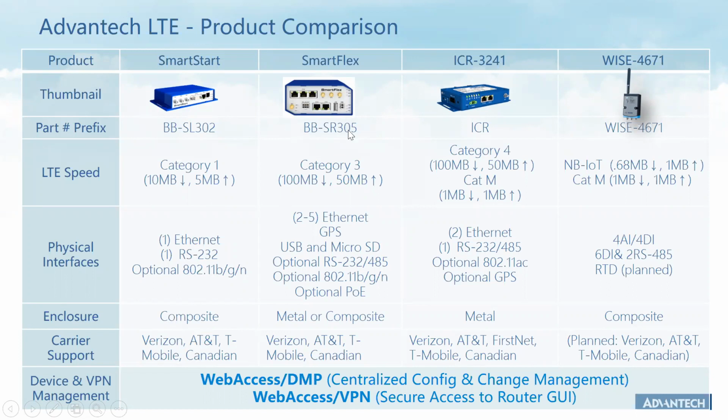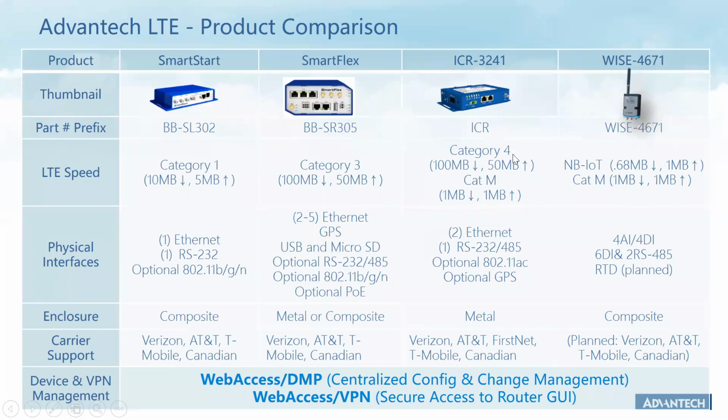Smart Flex: faster LTE, more options for interfaces, so you can have up to 5 Ethernet ports. GPS is standard, USB and the storage options are standard. Optional serial, Wi-Fi, and then PoE, that's an important one. So optional PoE, and same carrier set there.